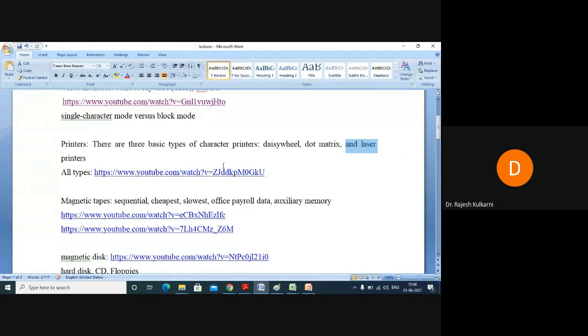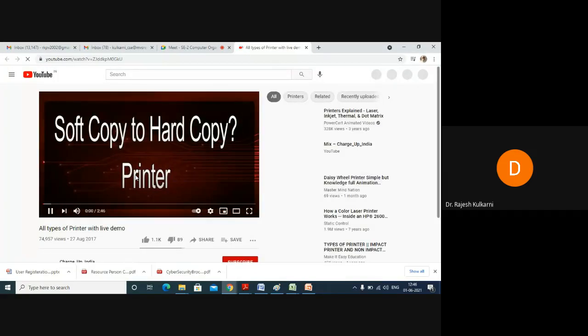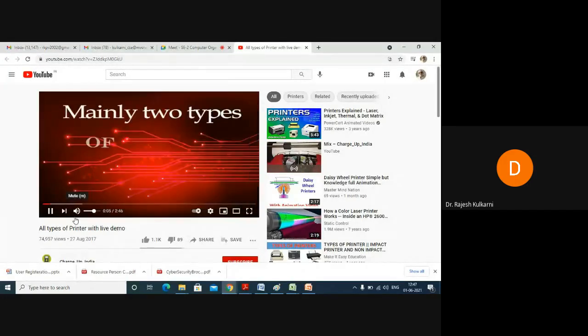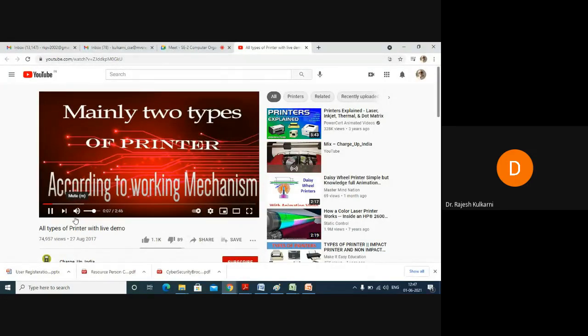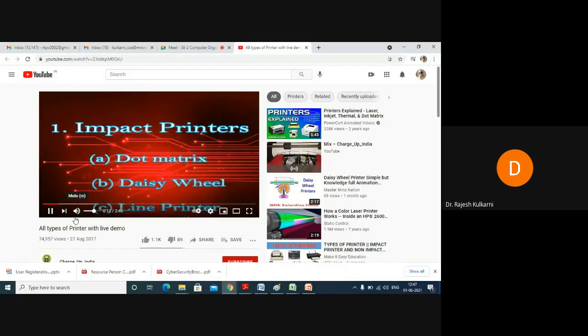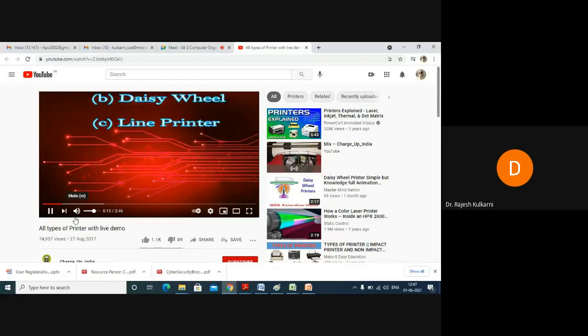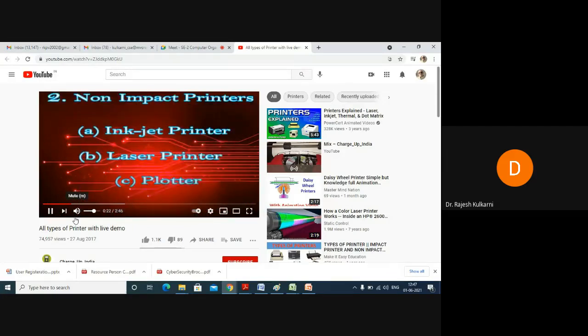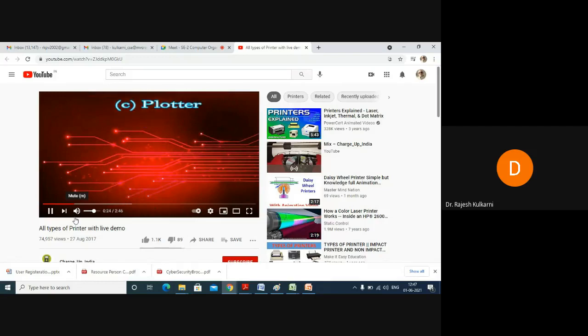So this video has basically the printers which I mentioned, whether it is daisy wheel or dot matrix or maybe laser, maybe inkjet. Let us see. As you can see, daisy wheel and dot matrix come under impact printers. And the inkjet, the laser and the plotters come under the category of non-impact.